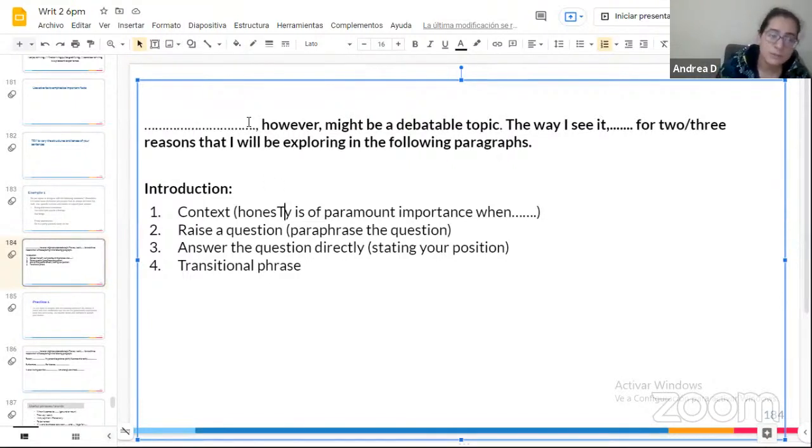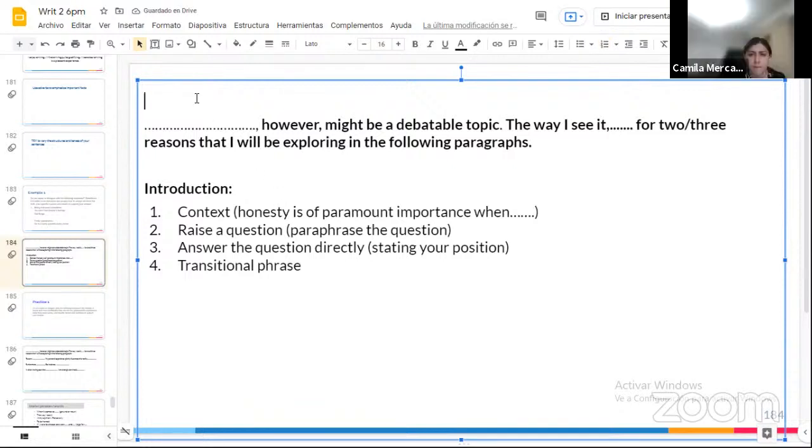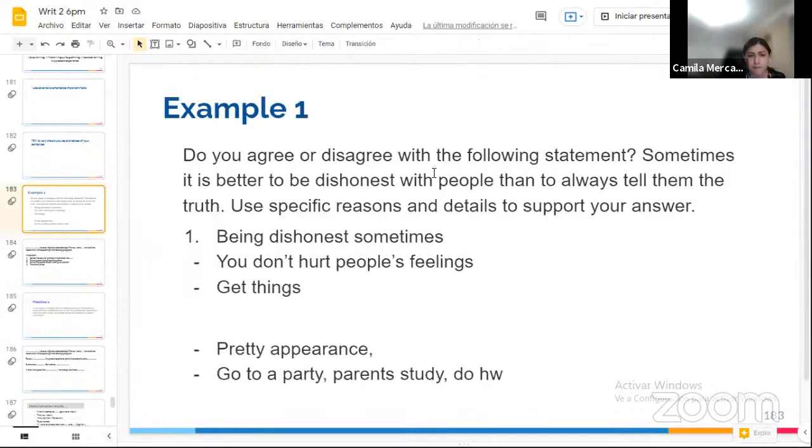But try to do something different. That's like your emergency plan. So you could say maybe honesty is one of the most common values taught at home, or honesty is at the core of every religion, from Christianism to Buddhism. You know, for example, if it's about working, do you prefer to work alone or work with someone else?